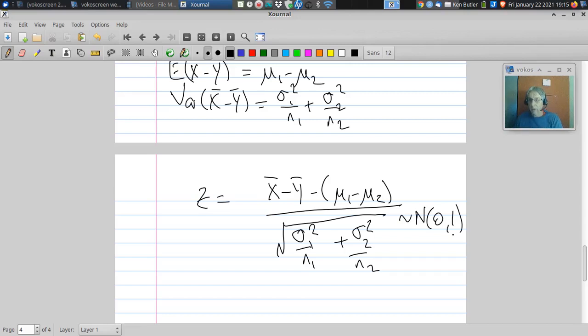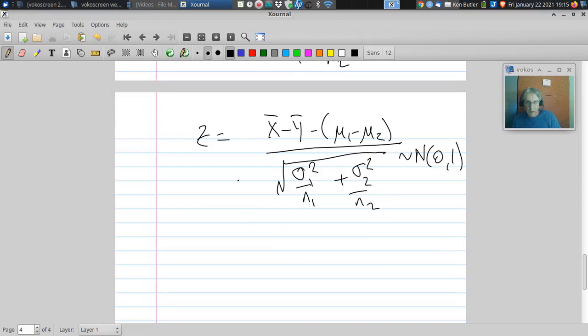And that's fine and wonderful as long as we know both sigmas. If we don't know both sigmas, we are in trouble. The first step is to say if the sigma i squareds are unknown, then estimate them by si squared, the sample variance of that sample.